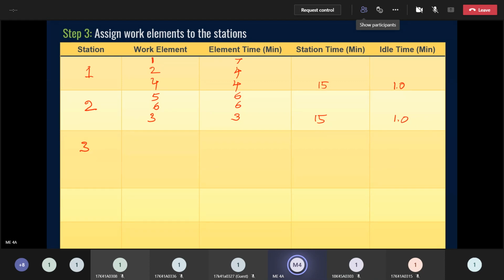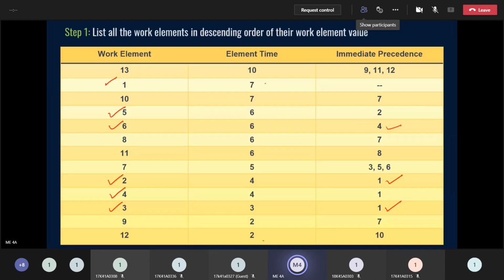Let us start station 3. Again from the top. Which element can I start? Take the highest value always first, if precedence is satisfied. Work element 8, no. No, 7.